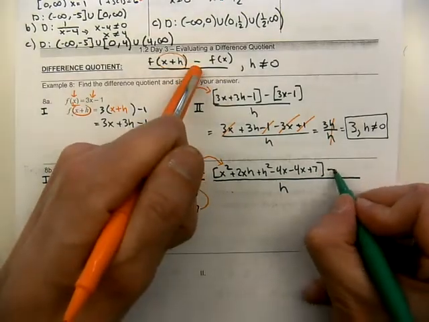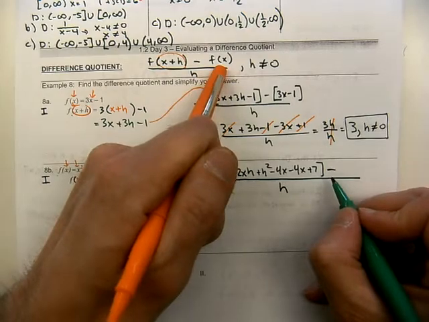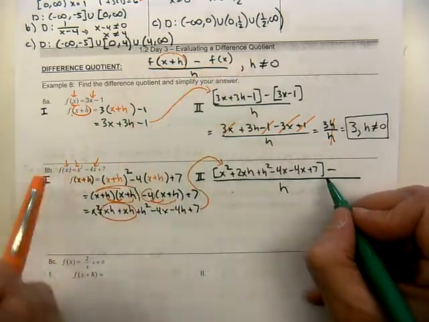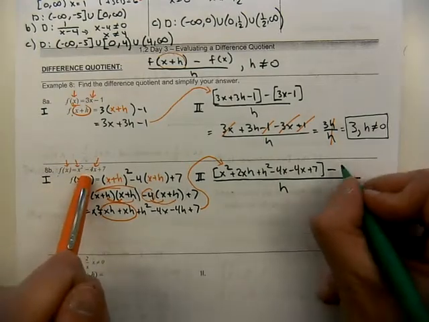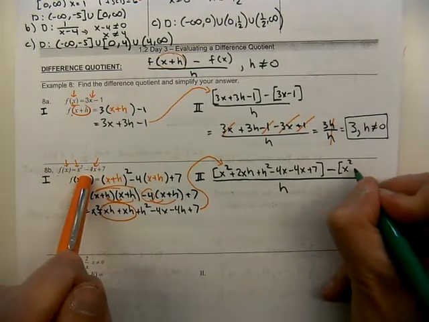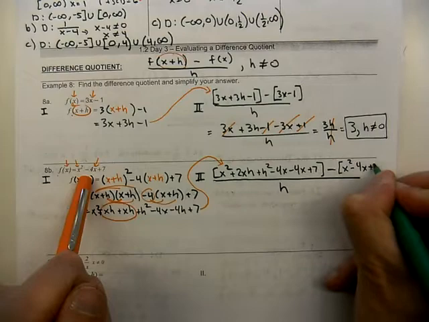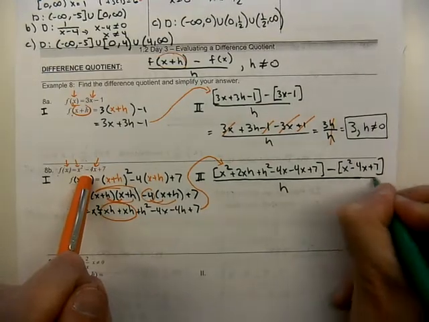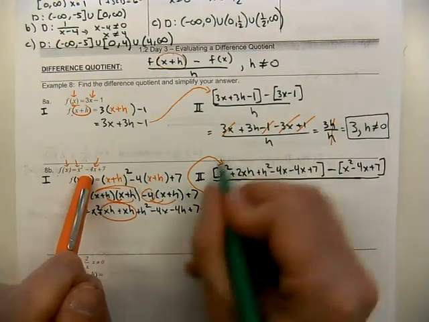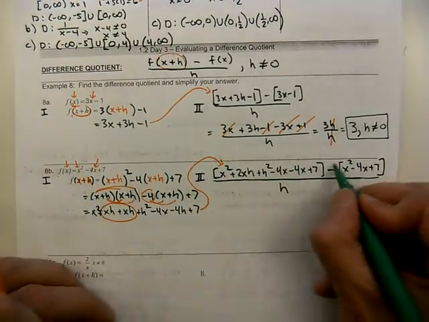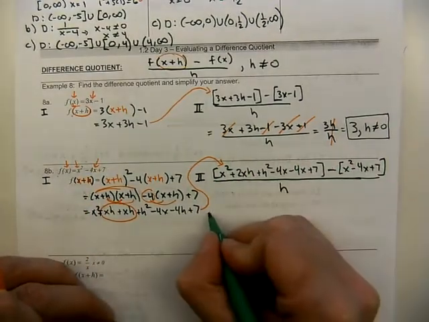Then we have to subtract. What do we subtract? This thing. It says take the function and plug in x. Well, that's what we already started with. That's my function with x as the input. So we're subtracting the x squared minus 4x plus 7. In other words, we're subtracting the original function from the modified function when we had a different input. Again, we're going to distribute that negative sign.